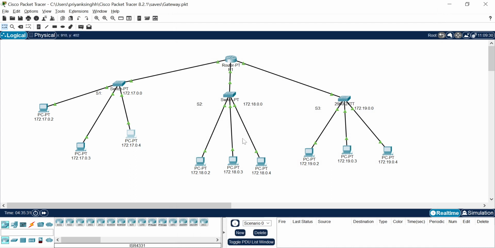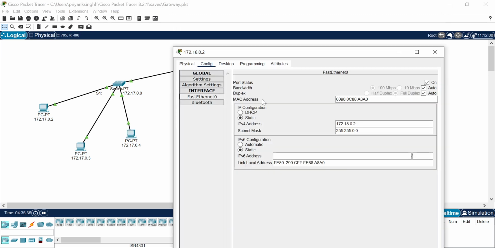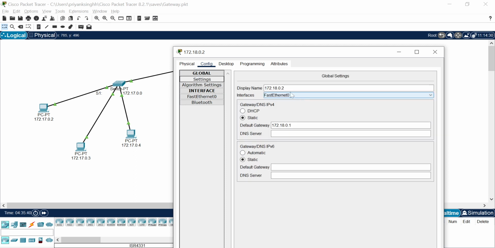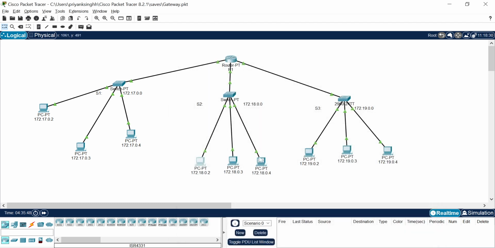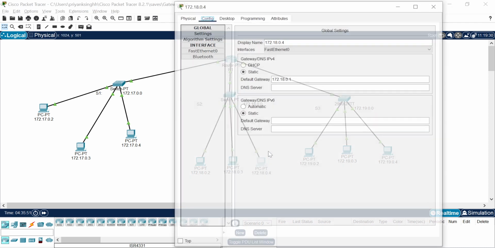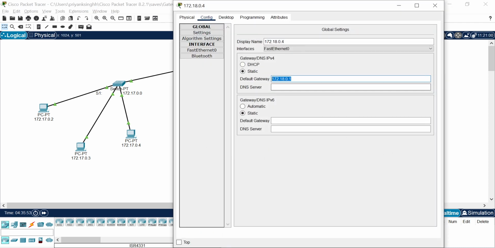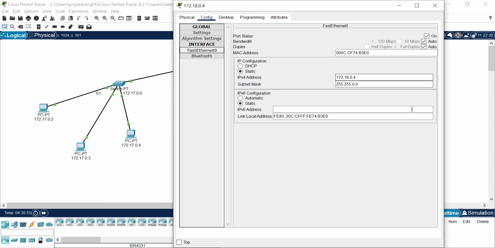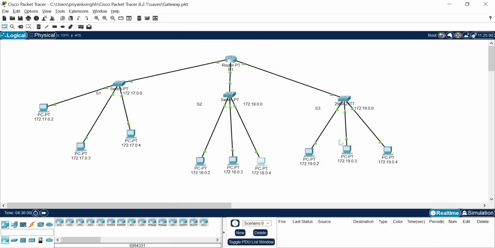Similarly, I have configured the PCs of the second network also, that is 172.18.0.2, and the gateway is 172.18.0.1. Similarly, I have configured the same thing on the other PC of this network. I have mentioned 172.18.0.1 as the gateway, and 172.18.0.4 as the IP address for the last PC of this network. Then I have configured the same thing for the last network, that is 172.19.